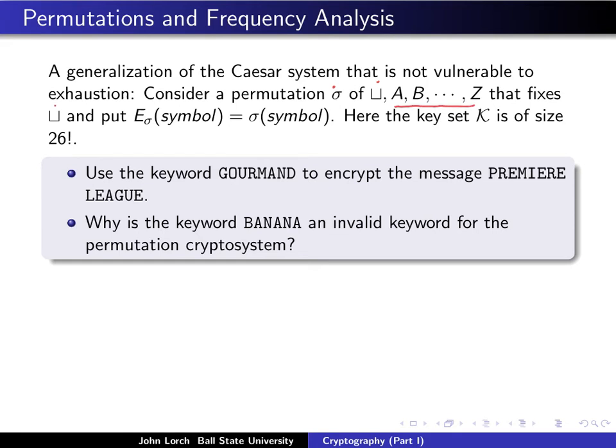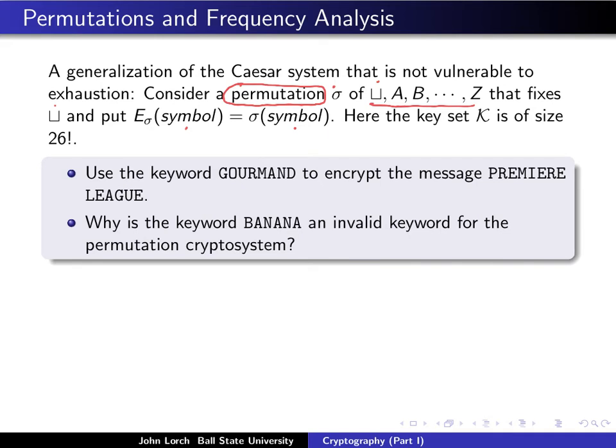We can encrypt messages by taking a letter and just applying the permutation to that letter. Now, a permutation, you might remember, is simply a one-to-one and onto function from this set of objects to itself.